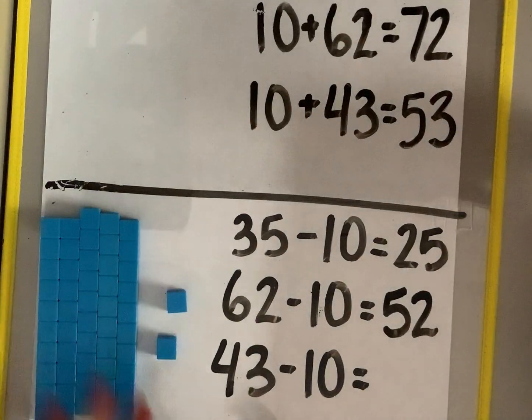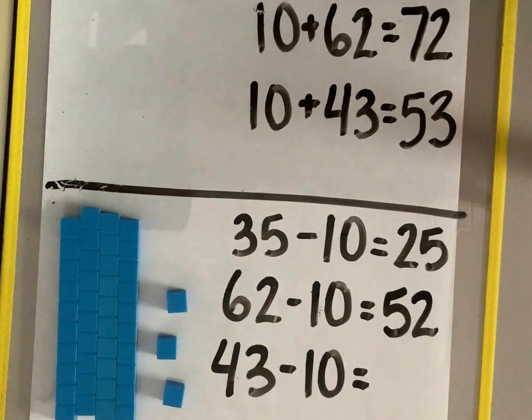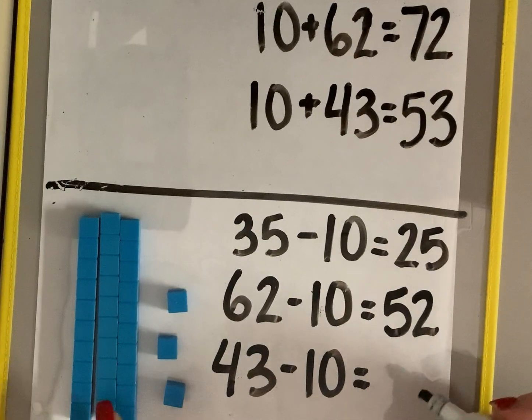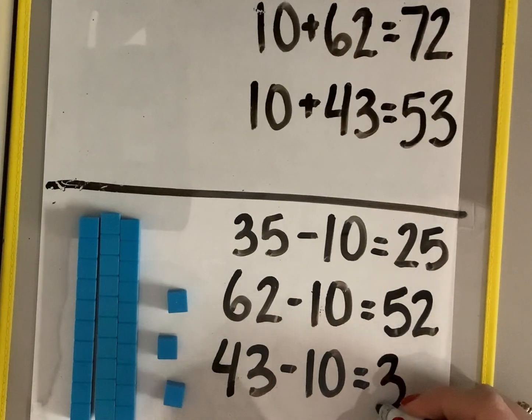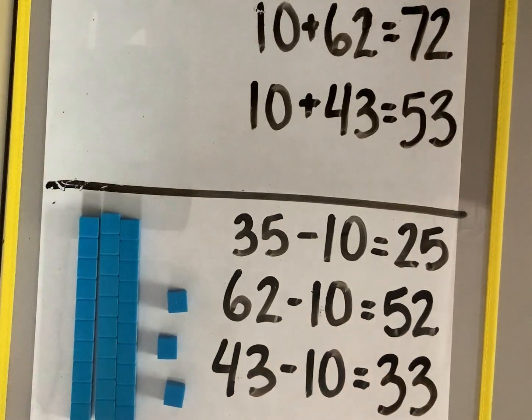Last one, 43. 4 groups of 10, 3 1s. I'm going to take away one of my groups of 10. Now I have not 4, but 3 groups of 10, and I still have my 3 1s.